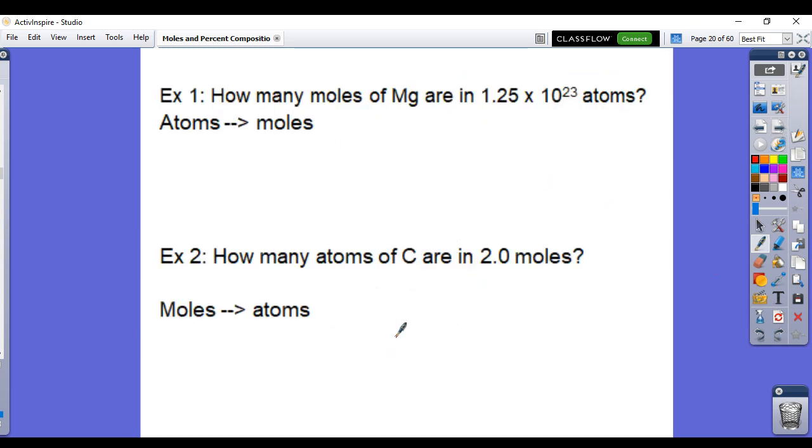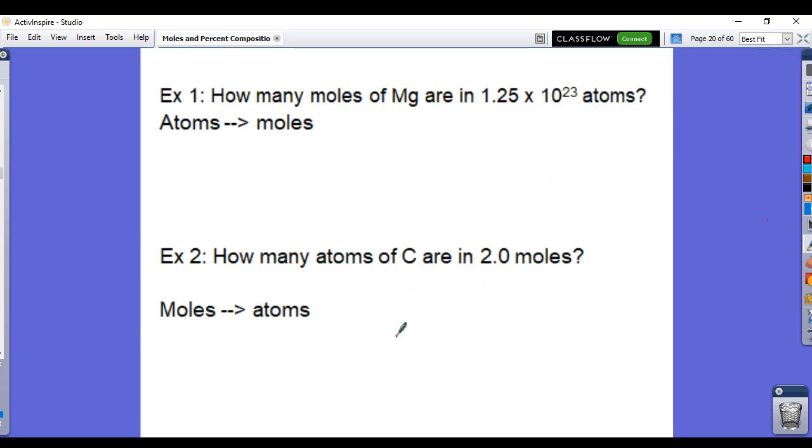All right. So how many moles of magnesium are in 1.25 times 10 to the 23rd atoms? So we're going from atoms. So this is what we have, and this is what we want.